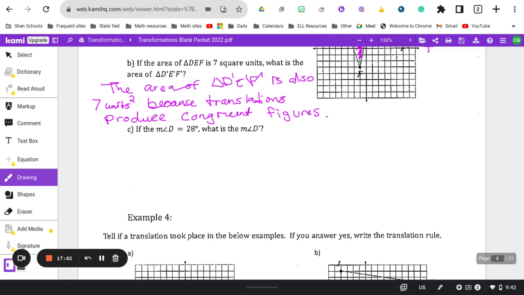Now, if the measure of angle D is 28 degrees, what is the measure of angle D prime?